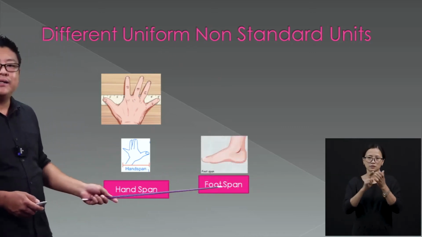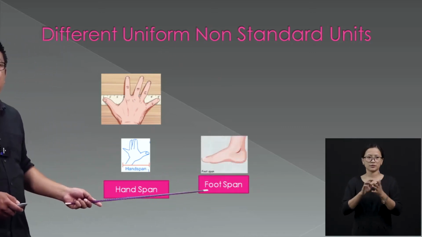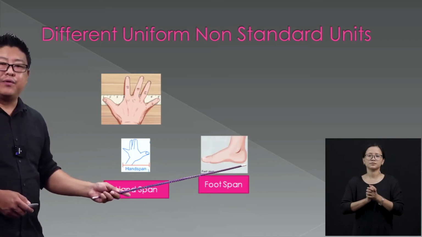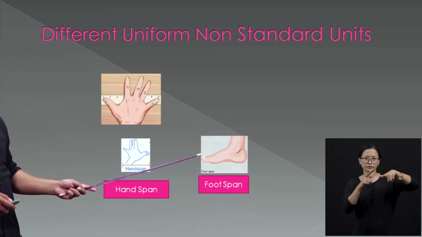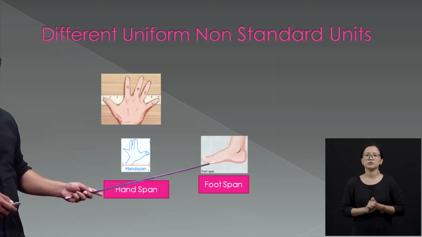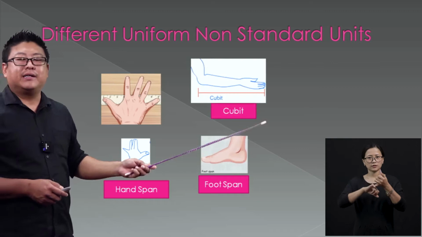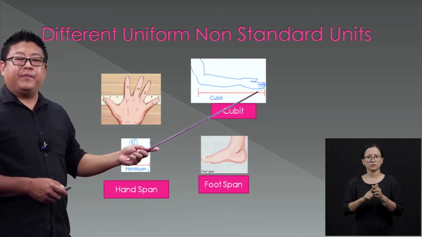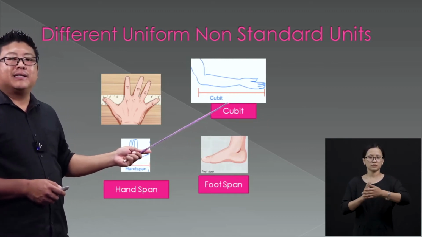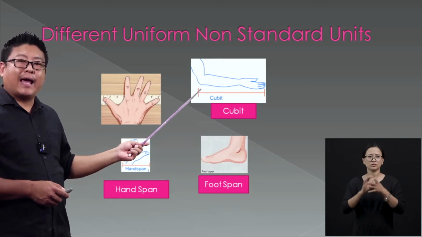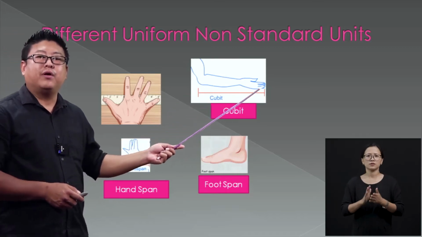The other method is foot span, from the heel to the tip of your toe. This distance is your foot span. And the third method is the cubit. The cubit is the measurement from your elbow to the tip of your finger.